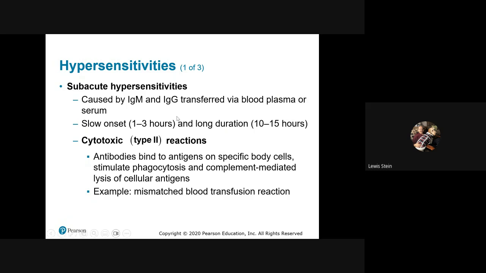It's a little bit different, and it lasts for a longer period of time, and that's significant. And what happens, these are antibody mediated. These are the two major categories of antibodies. So when someone's getting a transfusion, this potentially can happen because the antibodies are already in the system and all of the things that occur because of it. So mismatched blood transfusion is the classic example. They bind to those antigens, they stimulate phagocytosis, etc. All of the events that happen.